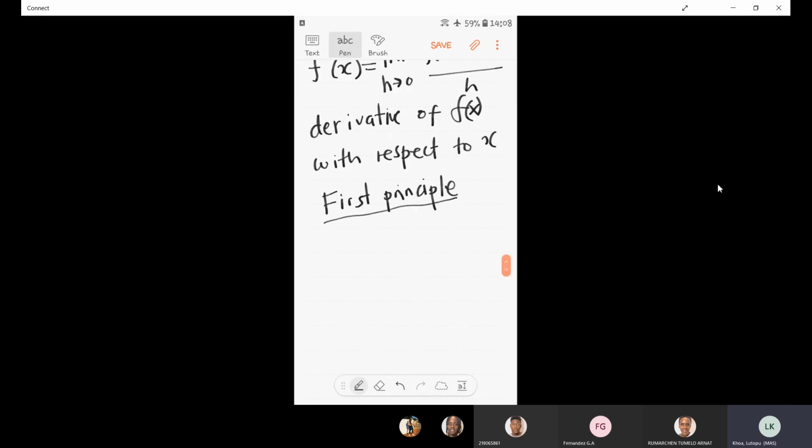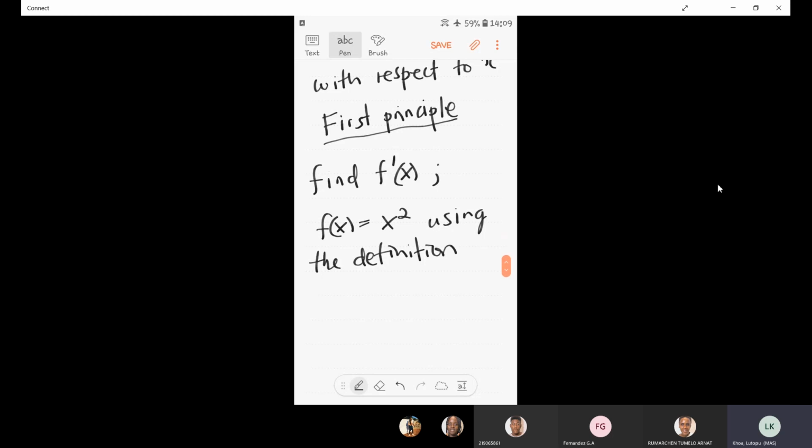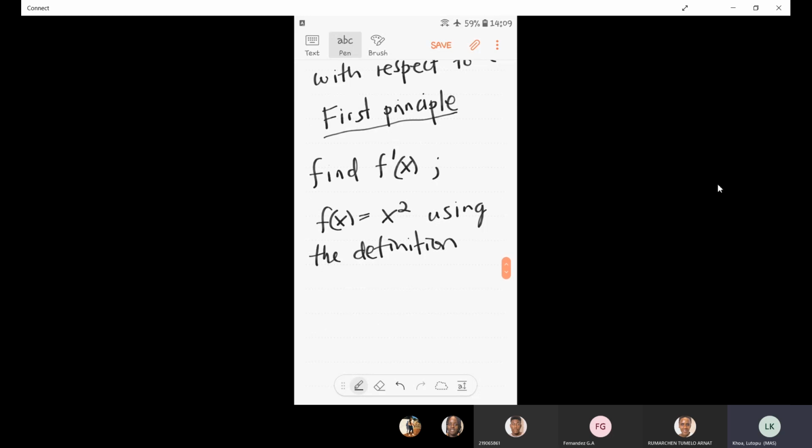Okay, so an example of a question you could have is: find f prime of x if f of x is equal to x squared, using the definition. So we want to work out the slope, and we have to do this using the definition.